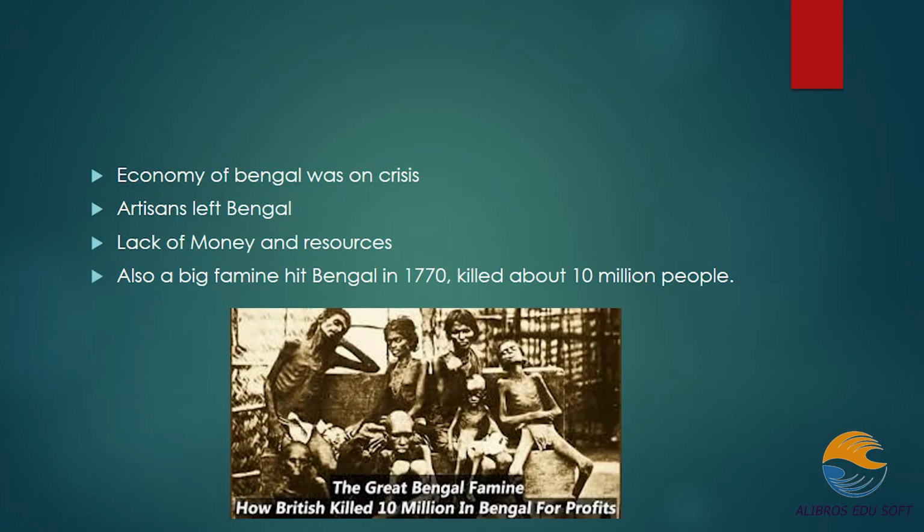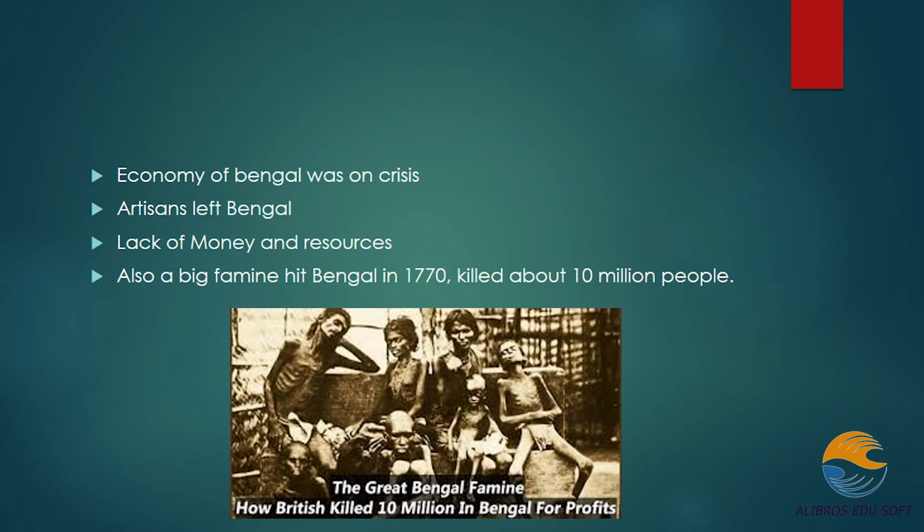Since the East India Company had done nothing to improve the economy of Bengal during that time, the economy of Bengal was in crisis. The peasants or the people over that time did not have enough money for any sort of basic amenities. Artisans left Bengal.